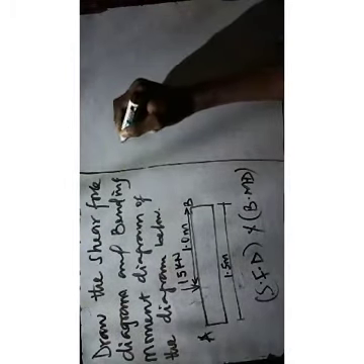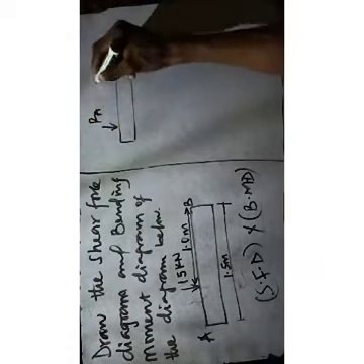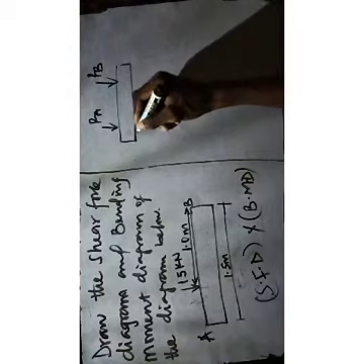To continue the solution, let me show you something. Take for example this diagram here. In this diagram you have reaction RA and reaction RB, and you have a hinge at this point.